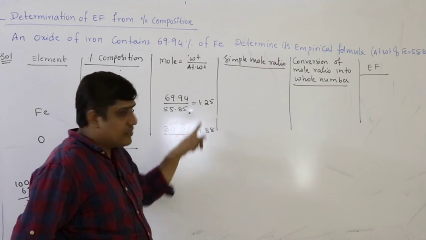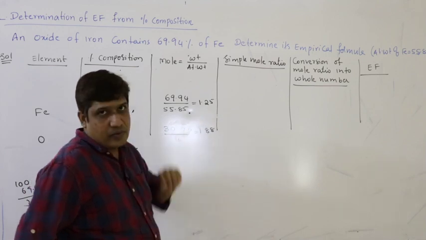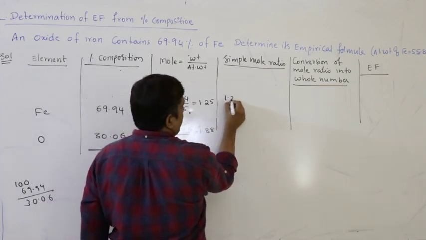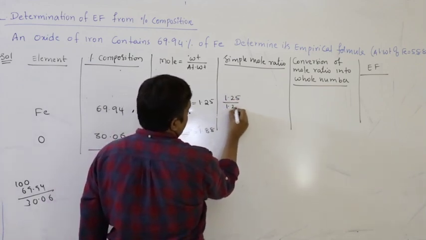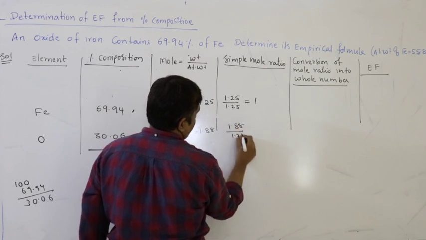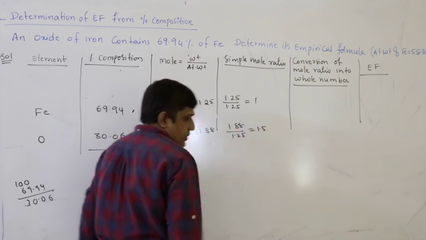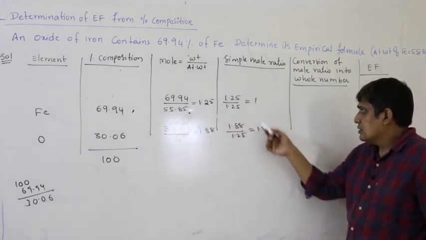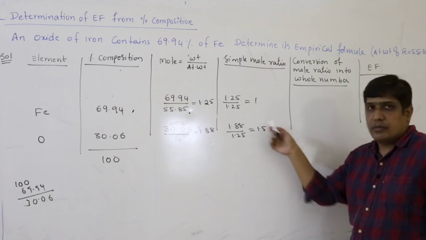Which is the smallest value? 1.25. So divide these two by 1.25. 1.25 by 1.25, you will get 1. 1.88 by 1.25, you will get 1.5. So this is a whole number, but this is not a whole number, right?